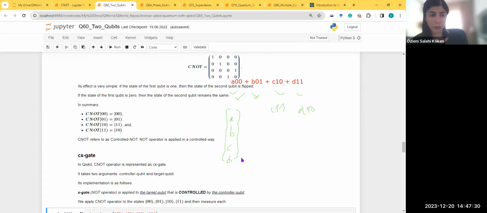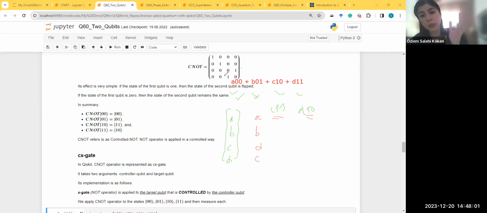So this becomes A, B, D, C. And this is exactly what we have. So D is the new amplitude of 10, and C is the new amplitude of 11. There is no difference in writing C|11> plus D|10> or D|10> plus C|11>, so it doesn't matter. But as the matrix representation, this is what you would have.